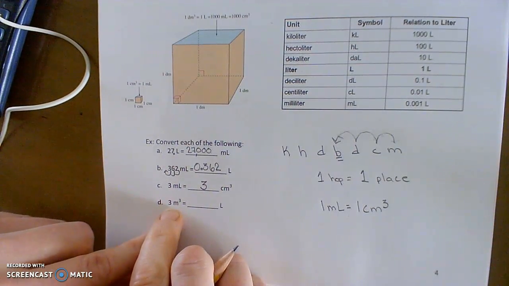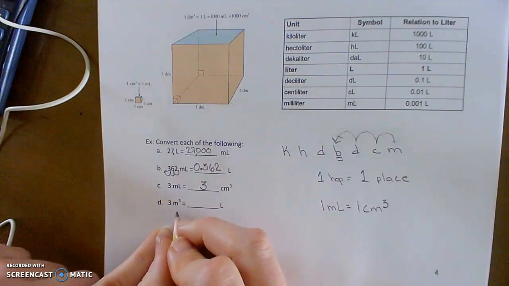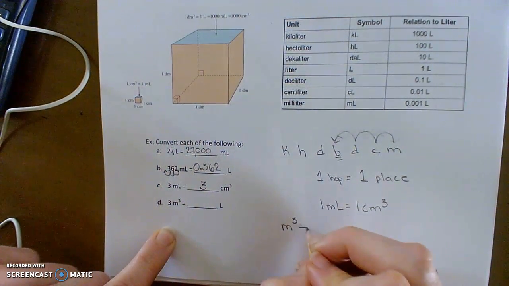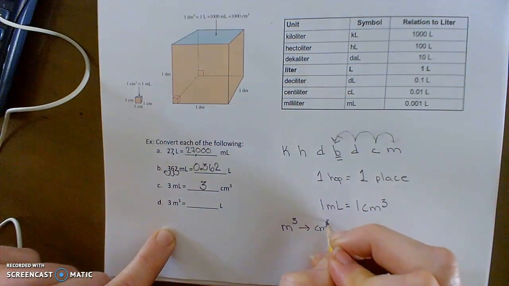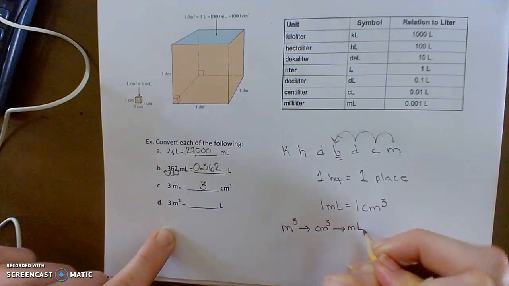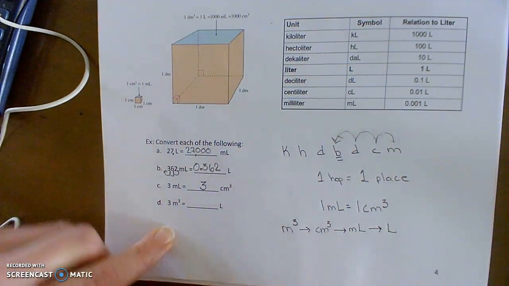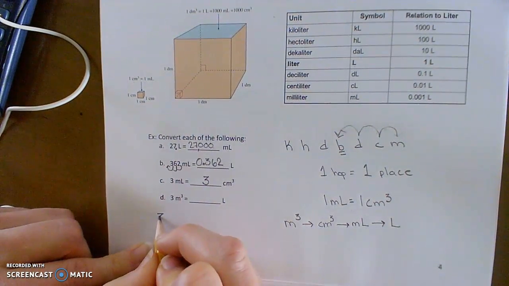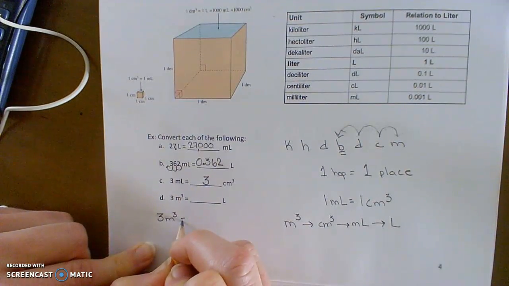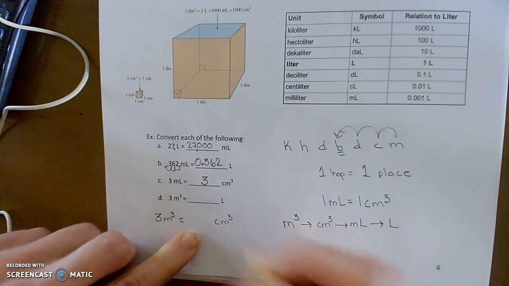Now let's convert from cubic meters over to liters. So my thought would be to first go from cubic meters to cubic centimeters, from cubic centimeters to milliliters, and from milliliters back to liters. So let's go ahead and do that. 3 cubic meters, what is that in terms of cubic centimeters?